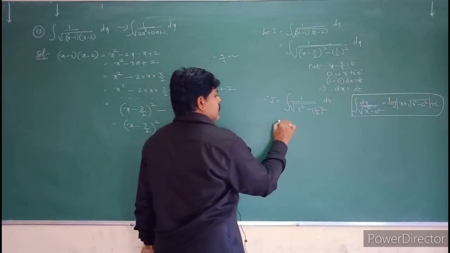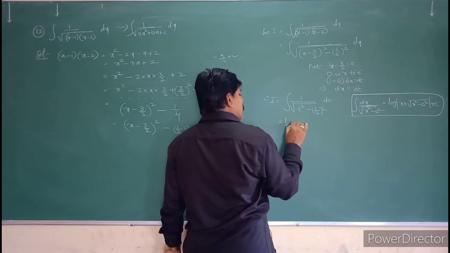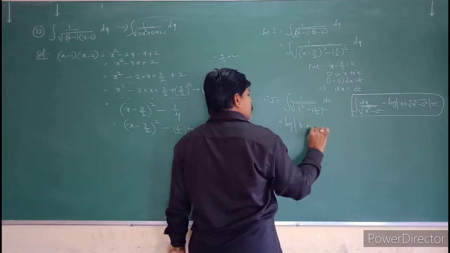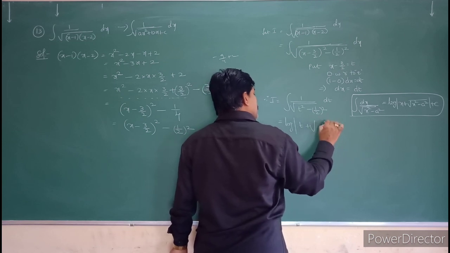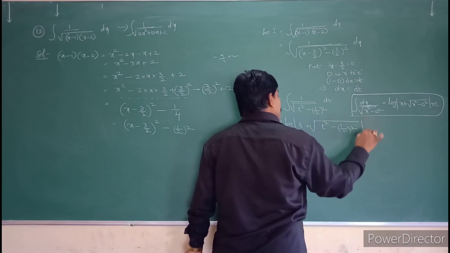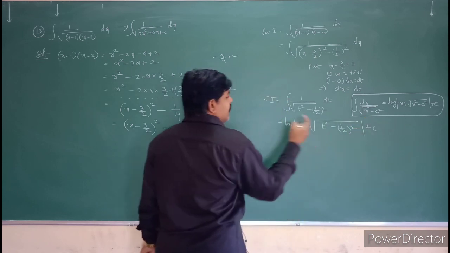So that is log mod t plus root of t square minus (1 by 2) whole square plus c.